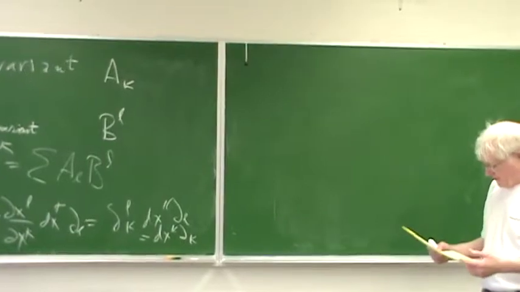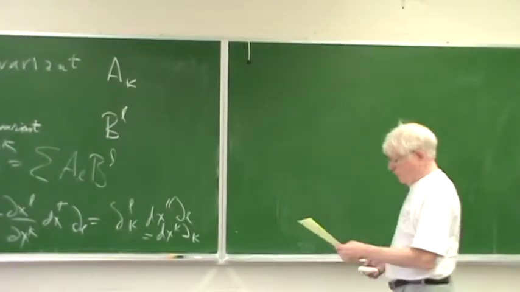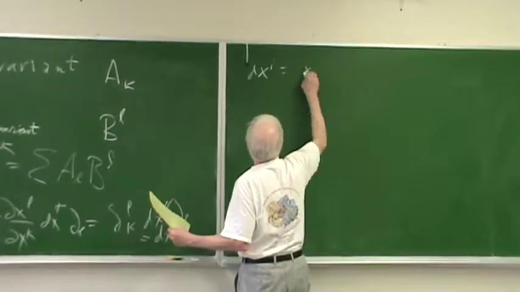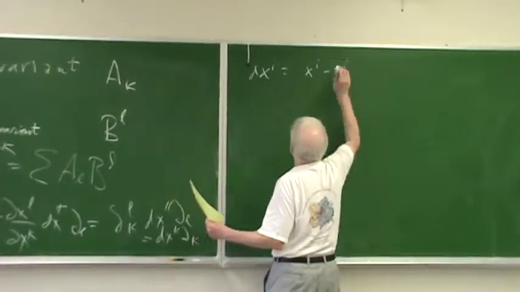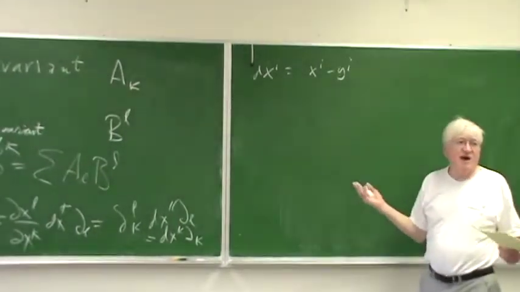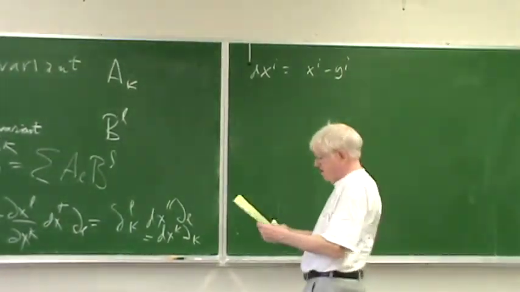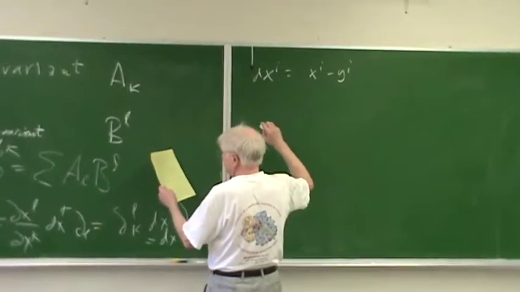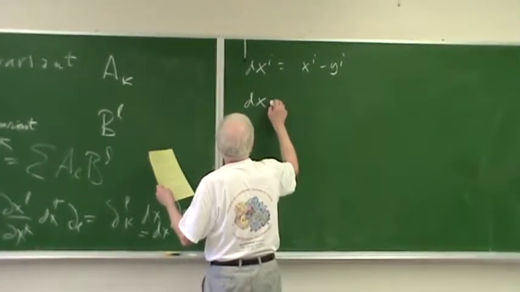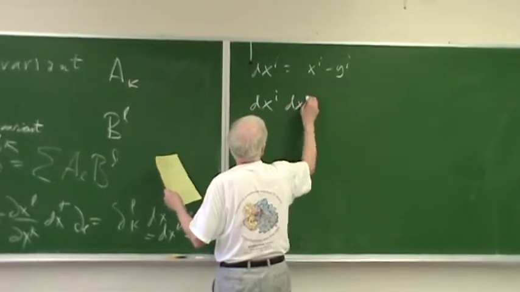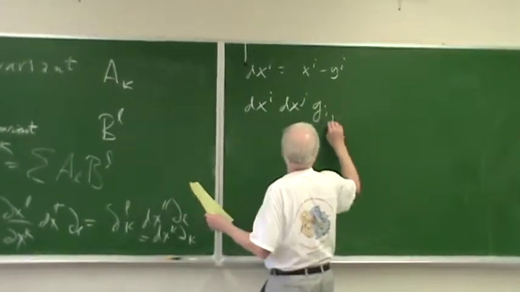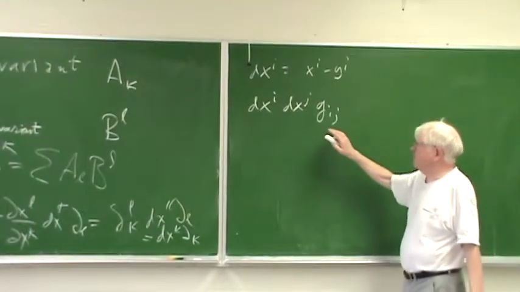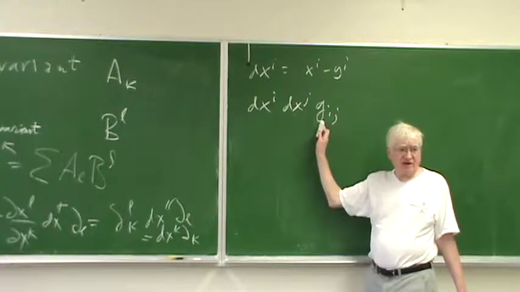All right, so for example, if dxi is, let us say, xi minus yi, and x and y are two adjacent events, then we should be able to make something dxi, dxj, gij. We should be able to have something that makes this invariant.